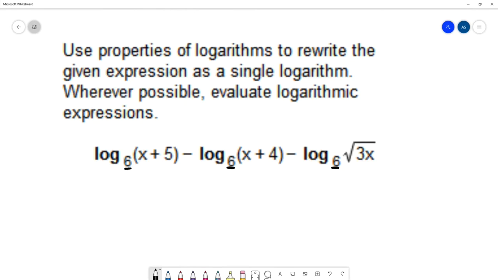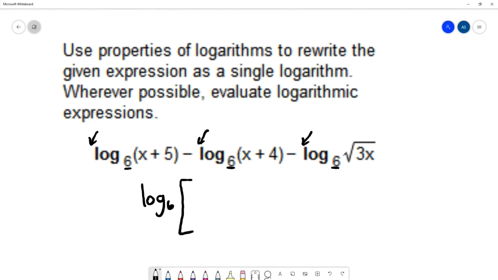We don't need to use the power rule on this example because I noticed that none of these logs have any coefficients other than 1. So we can skip using the power rule, go straight to using the product and the quotient rule. So we're going to condense to a single log, and I've got some minus signs here, so I'm going to use the quotient rule, and the x plus 4 and the square root of 3x both go in the denominator because of these minuses.